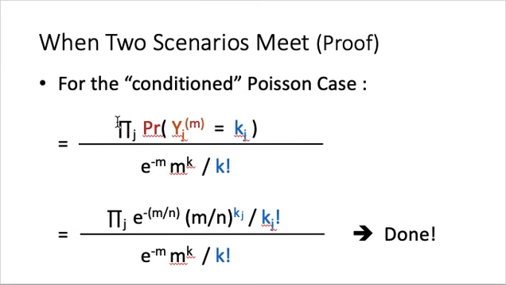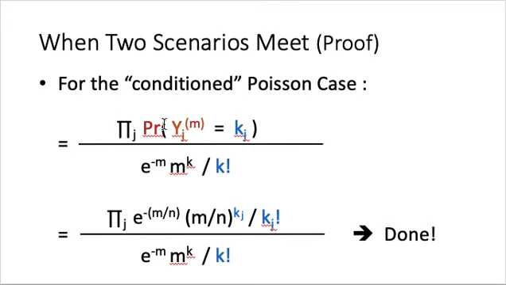The numerator will be the product of the chances of yj equals kj, because they are all independent. And for the bottom part, it is just the chance for a certain Poisson random variable with parameter m, because it is the sum of n Poissons with parameter m over n, to admit the value of k. So the bottom part is just e to the power minus m multiplied by m to the power k divided by k factorial.